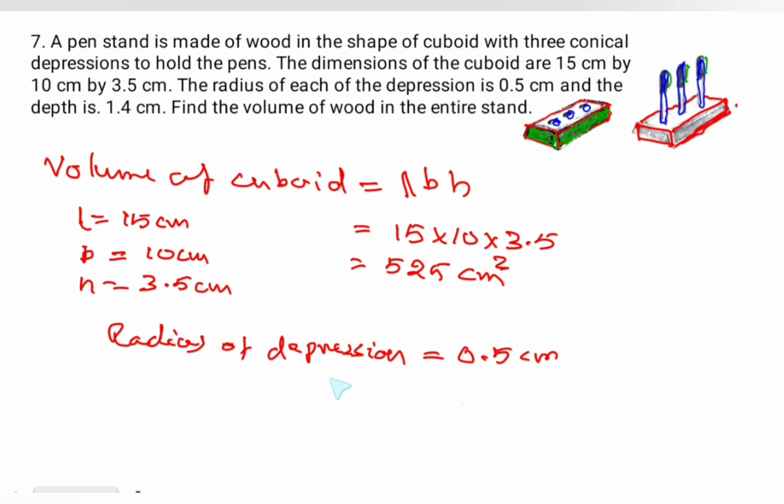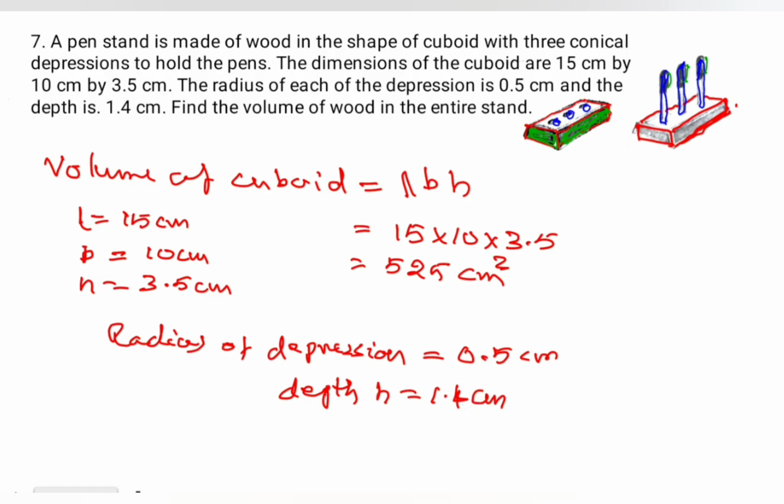That means the depth, that is height, is equal to 1.4 centimeters.